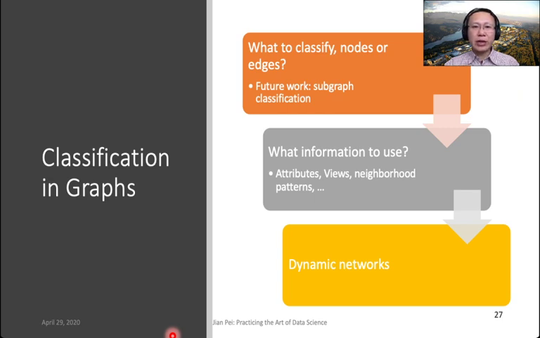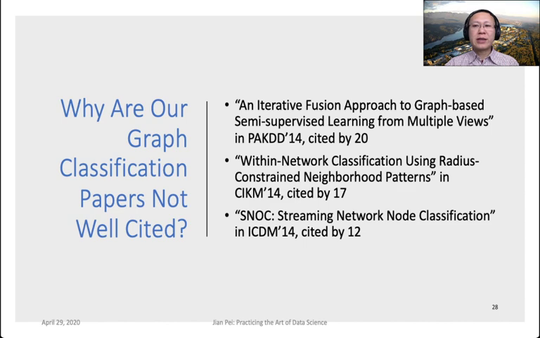Do you want to use attribute information, views on graphs, the neighborhood patterns, and also don't forget time. You may consider classification on dynamic networks. We published some of the papers in good places on different kinds of graph application tasks. One question that came up after a while is why our papers are not well cited.